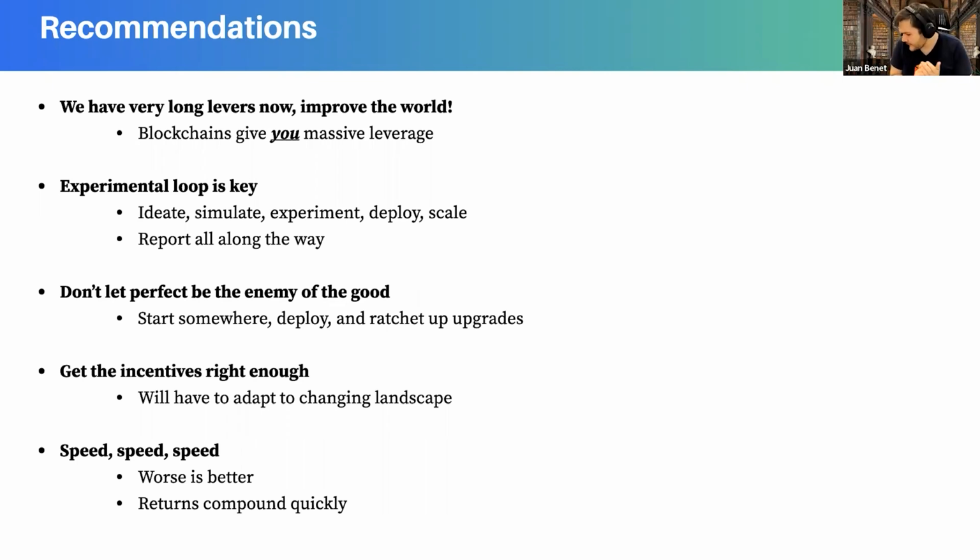And the last point would be speed. Worse is better. Returns compound really quickly. The future is like every second or minute that passes without some really useful contribution, vast futures are lost, right?